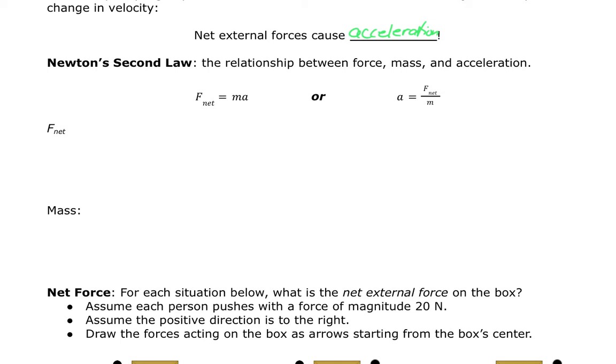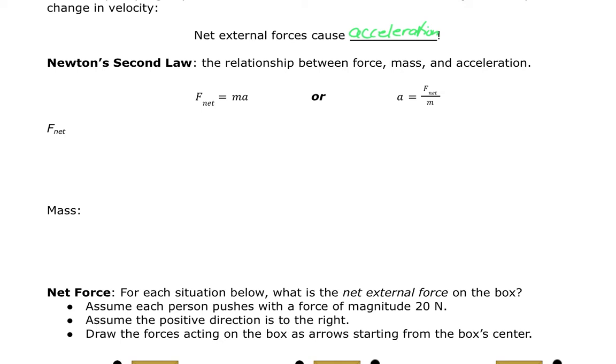Said in another way, the acceleration is proportional to the net force. That means if the net force increases, the acceleration increases as well. We can be more specific. If the net force doubles, the acceleration will double. And then we know that the acceleration is inversely proportional to the mass. That simply means that as the mass doubles, the acceleration doesn't double, it's cut in half.